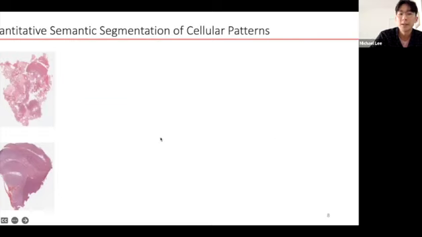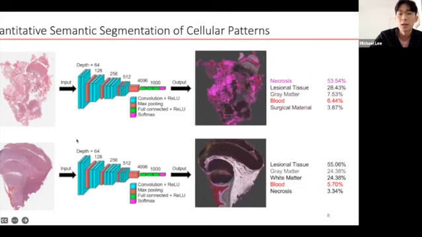What's great about this is, especially with tissue sections from biopsies, they don't just contain tumors. They often contain artifacts as well as blood, necrosis, and other things that are present in the brain or in the tissue. When it comes to these whole slide images, we would run them through convolutional neural networks, and they could also generate heat maps that are visually appealing and tell you what the different parts of the tissue are.